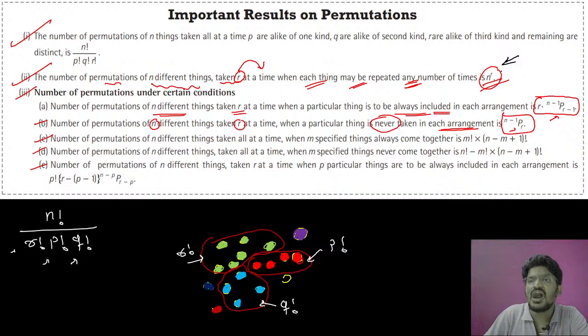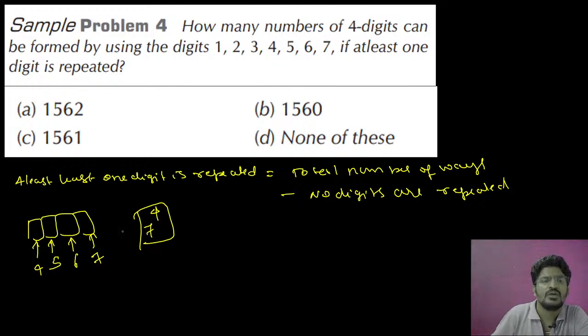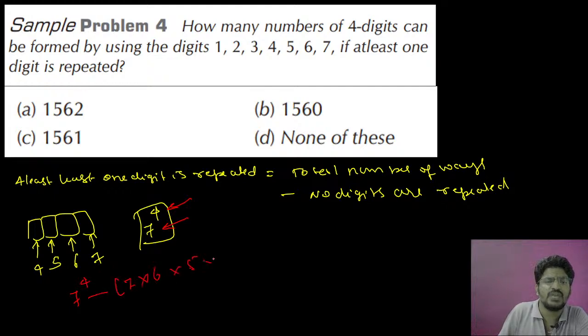Here r is the number of things selected, n is the total number of different things taken r at a time. So 7 different numbers, 4 taken at a time, 7 to the power of 4. So 7 to the power of 4 minus 7 into 6 into 5 into 4.